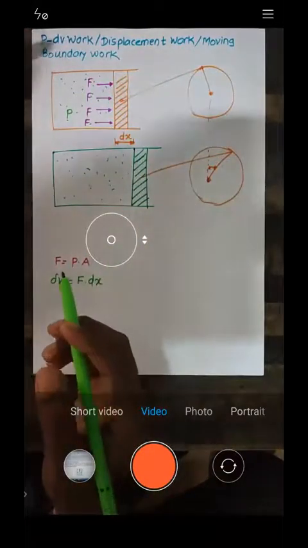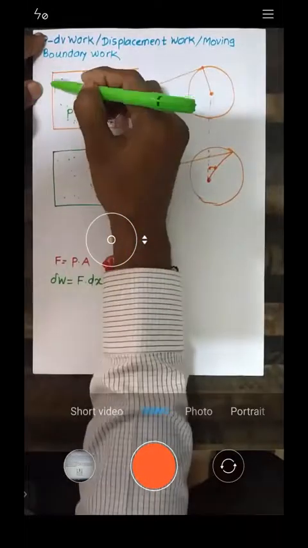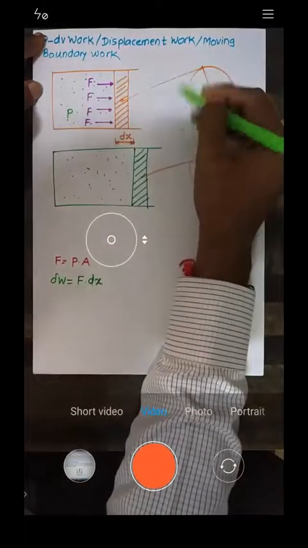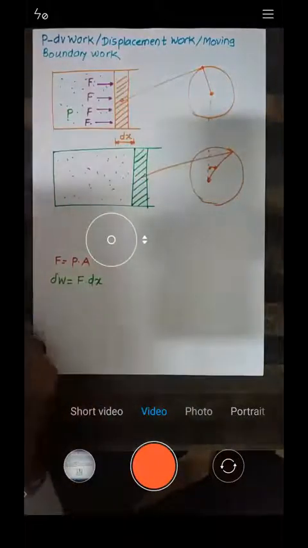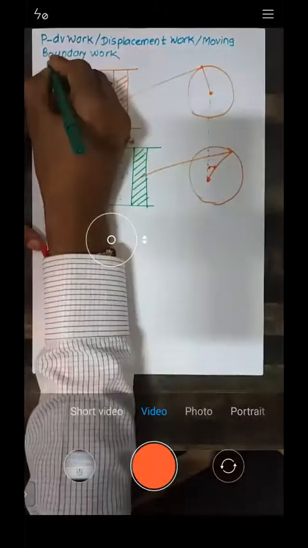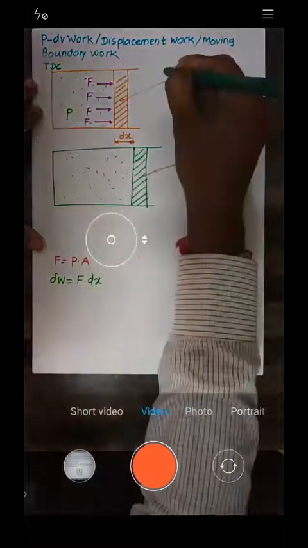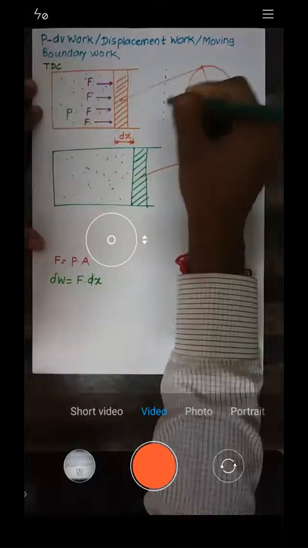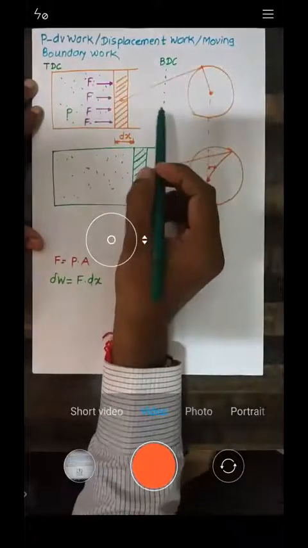But the piston will not move only a small distance dx. The piston will move from top dead to bottom dead. So if I call this section top dead center, I will mark here somewhere the bottom dead center, right? So you have the movement of the piston from here to here.